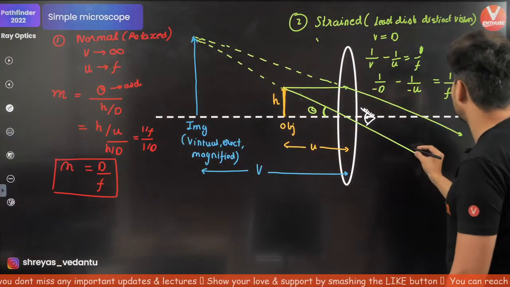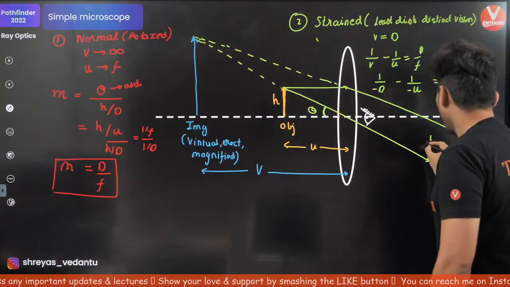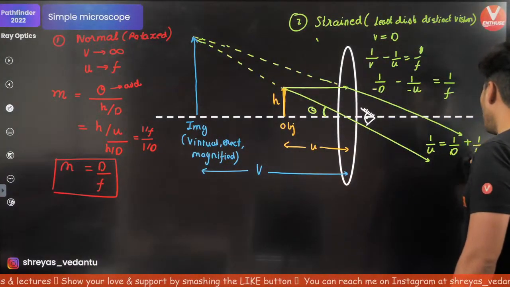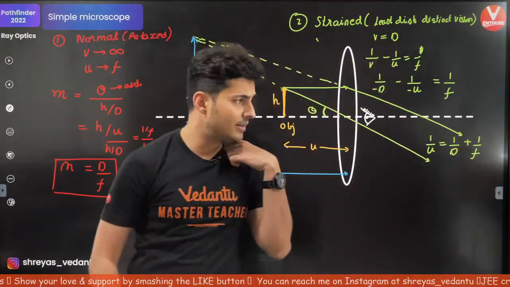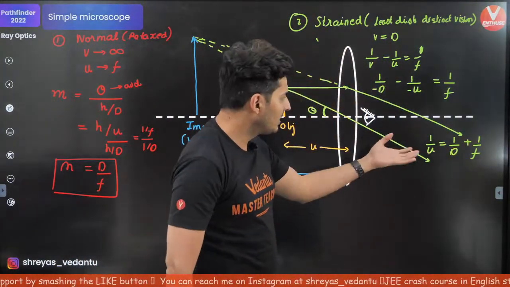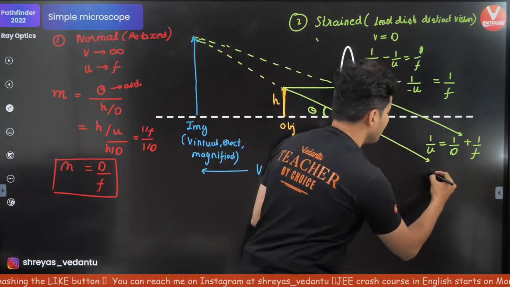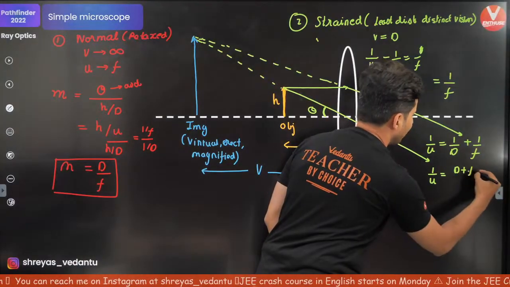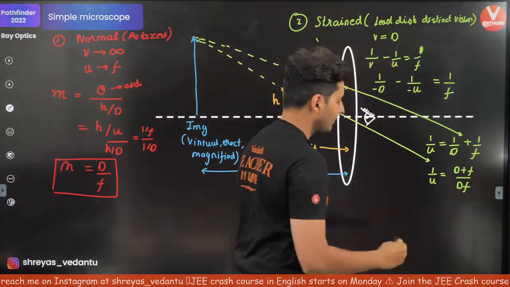So from this, I'm going to get 1 by U is equal to 1 by D plus 1 by F. I hope you can see that, my warriors. Let's play around with this a little bit more. So I'm just going to get 1 by U is equal to D plus F upon DF.